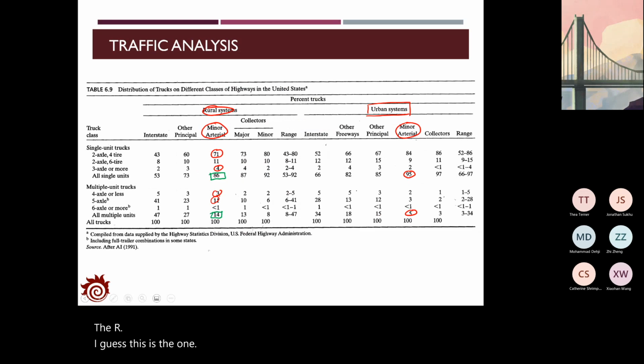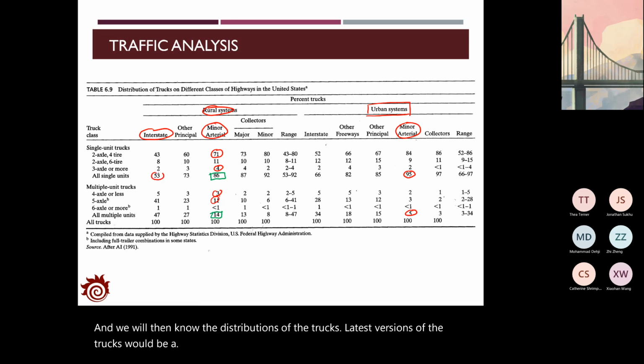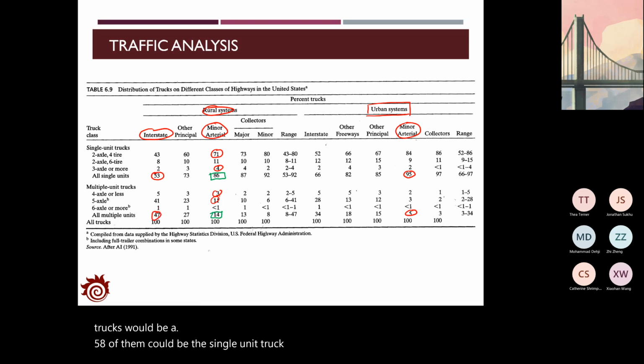This is a highway, so that will be the interstate highway, and we will then know the distributions of the trucks. 58% of them could be single unit trucks, and 47% of them could be multi-unit trucks.